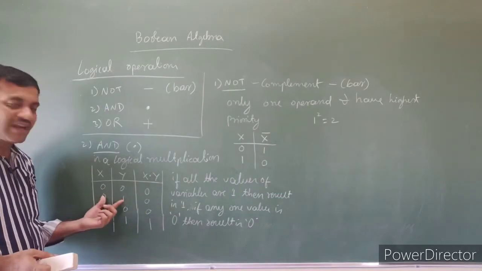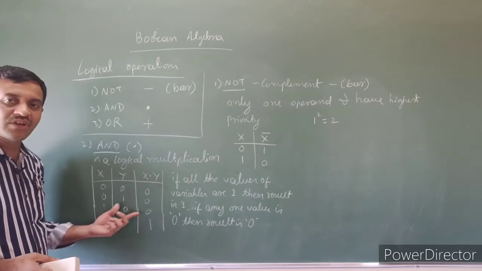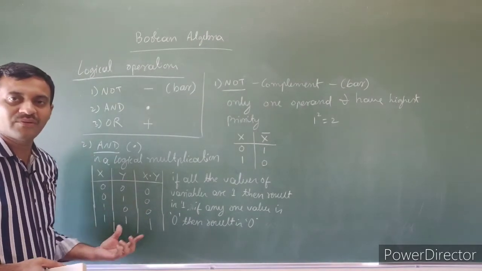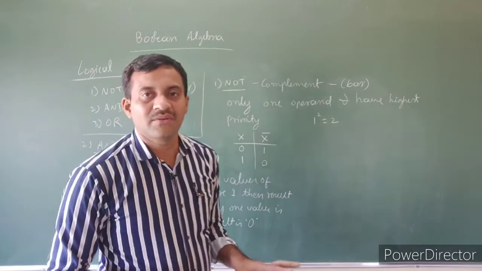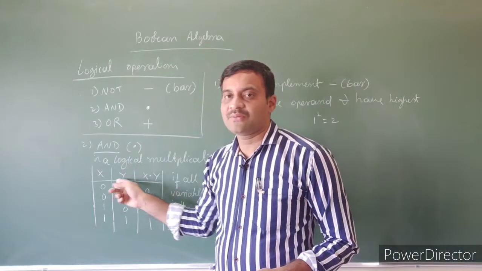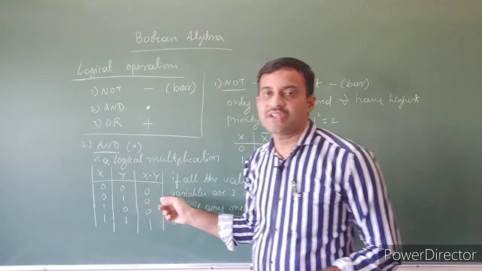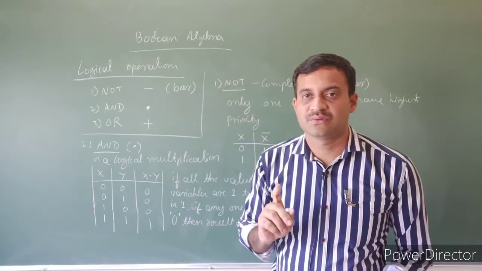X has 0, y has 1, the output is 0. X has 1, y has 0, the output is 0. If both have 1, then the result is 1. Generally we say, if any one of the combination is false, the output is false. If all the combinations are true, then the output is true.